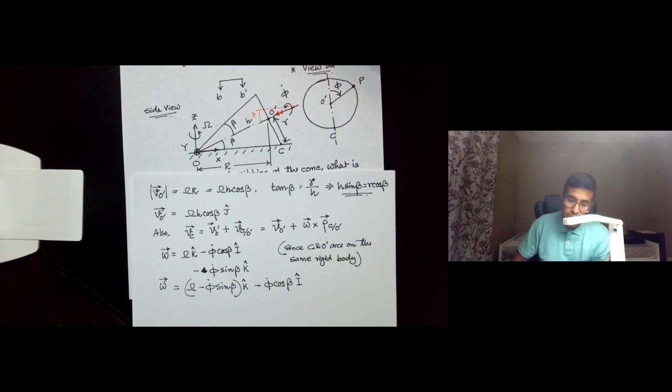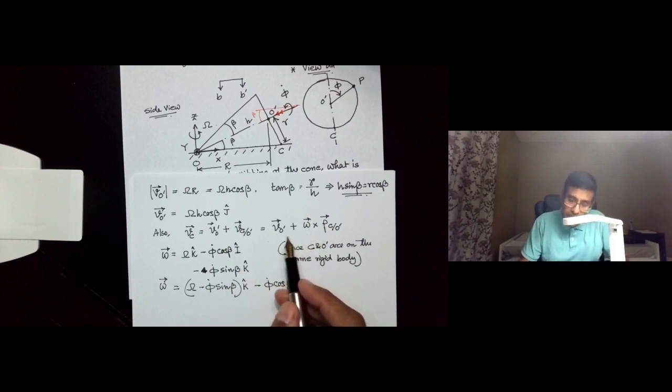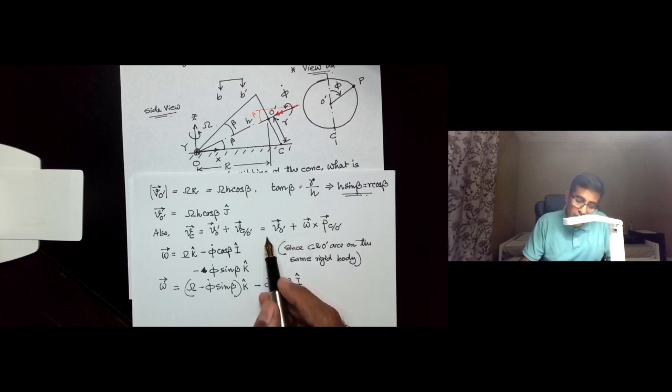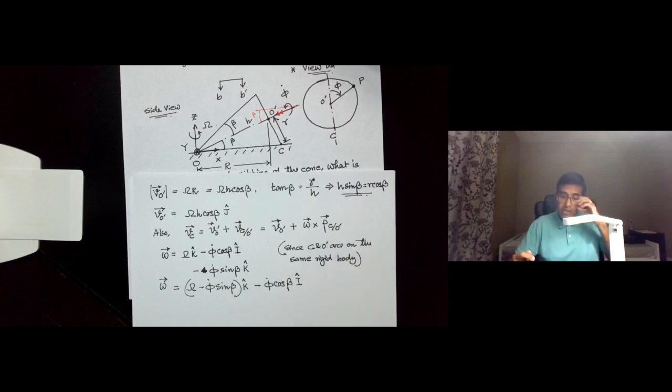Keep in mind that when we apply this relation to relate the velocities of two points on the same rigid body, then the angular velocity is the net angular velocity of that rigid body. Only then will you get the right relation between the velocities of the two points.